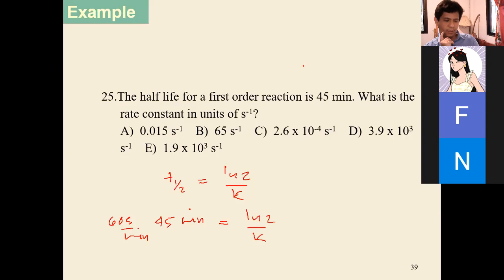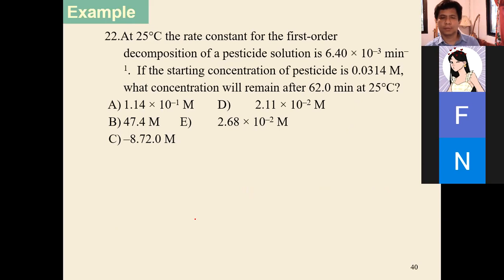I'm also getting letter C. Kasi ang k, using my calculator, I'm getting 2.567 times 10 to the minus 4 per second. So ito yung malapit. 2.6, letter C. Question? Do you have any question? Titira pa ba sa inyo?